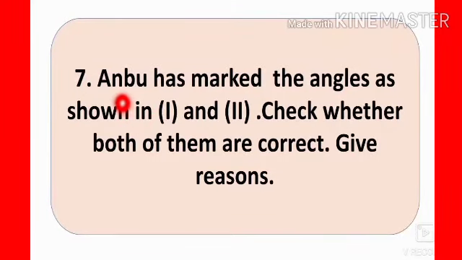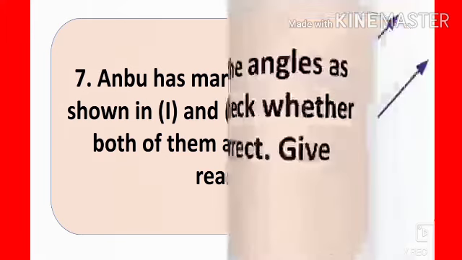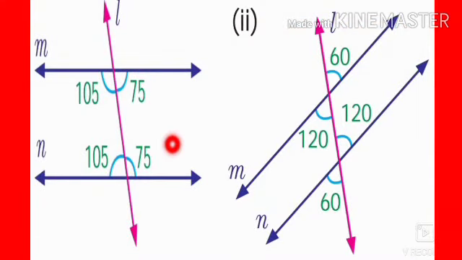Students, 7th one. Anbu has marked the angles as shown in the figures 1 and 2. Check whether both of them are correct. Give reason. So students, here the figures 1 and 2, Anbu has marked like this. So now let us check whether these are correct or not.